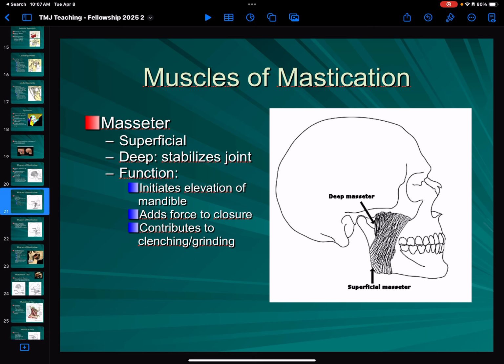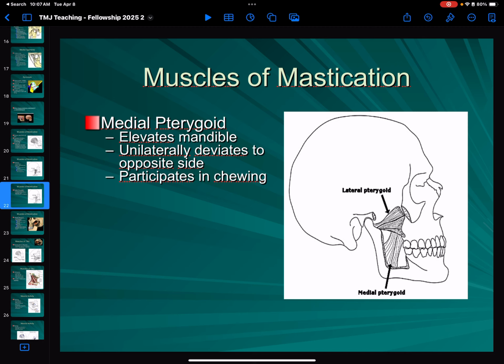Then you also have the medial pterygoid. This is going to be on the inside of your mandible. It's fascinating because it's basically a mirror. Some people call it the mandible sandwich, where you have the masseter on the outside of the mandible and the medial pterygoid on the inside. Both of those also function with closing.